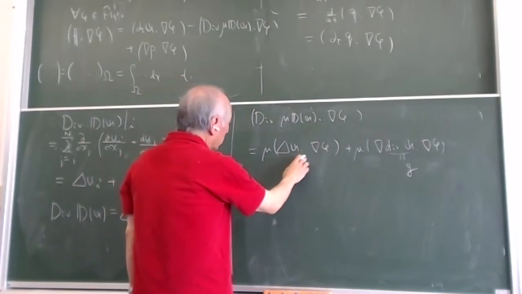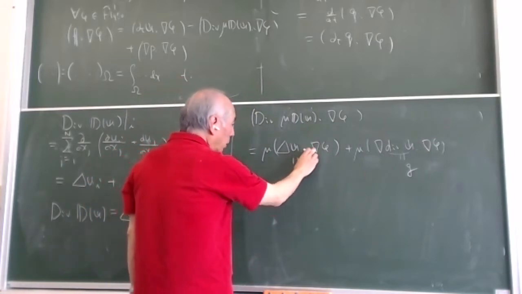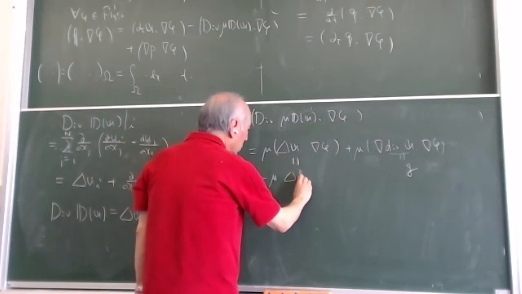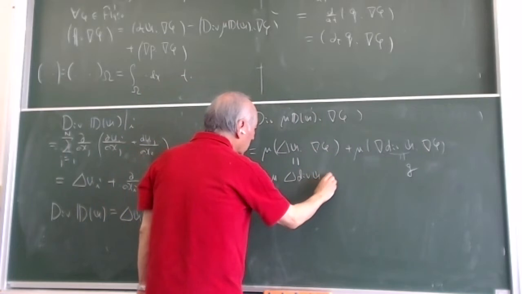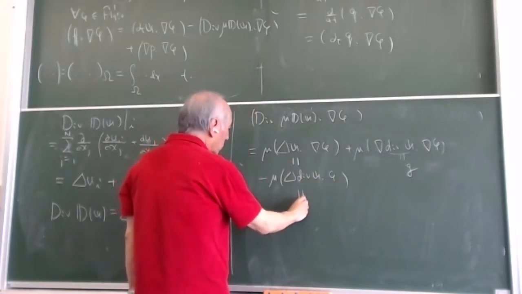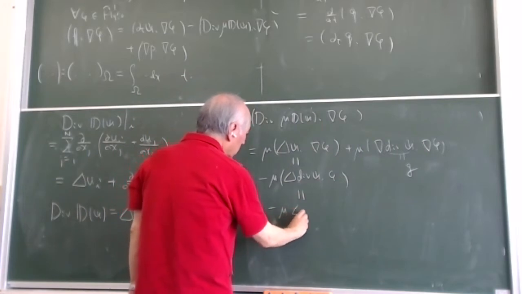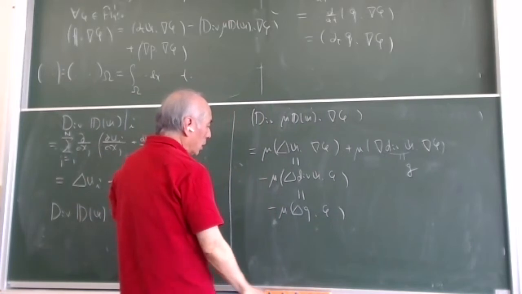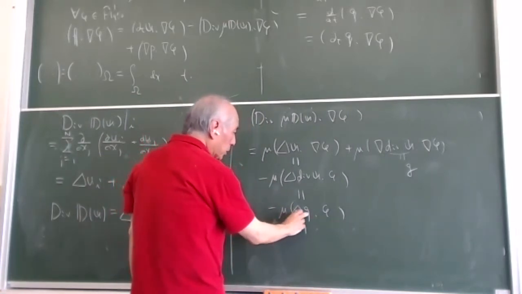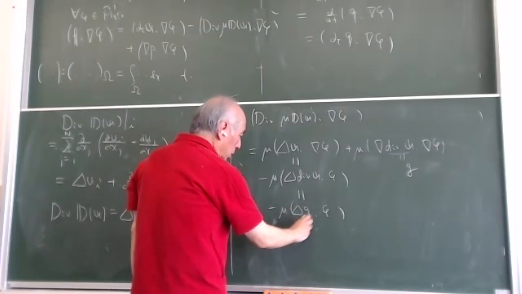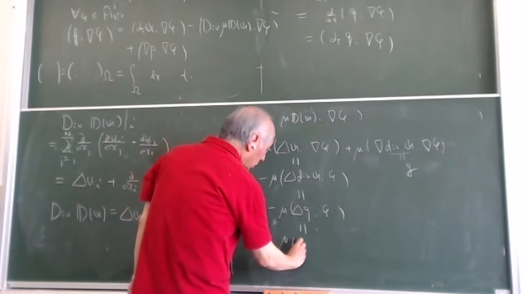And here is also the very formal calculation: minus mu divergence. Formal calculation. Then it is equal to minus mu plus g I. And then Laplace g. This is now scalar, so Laplacian is grad g, grad g.